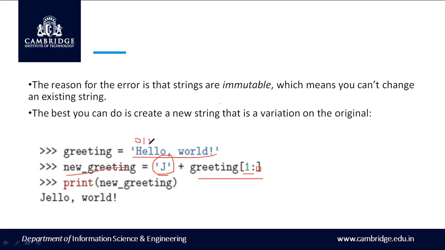From the first character, the slice is concatenated to the character J. Now when I print this new greeting, you can see H being replaced with J. So the characters in a string can be changed using the concatenation operator and the slices concept.